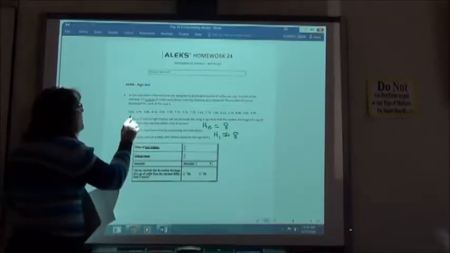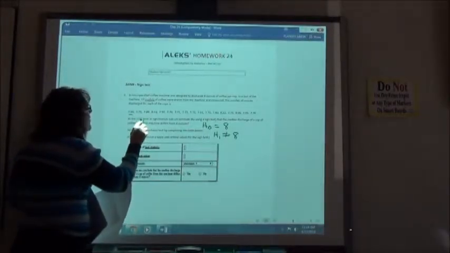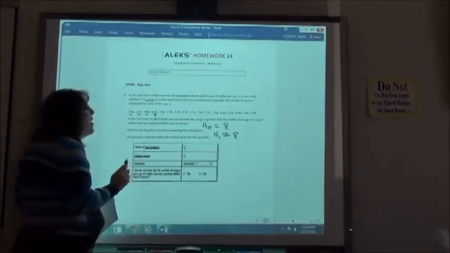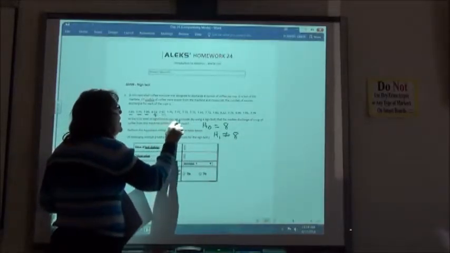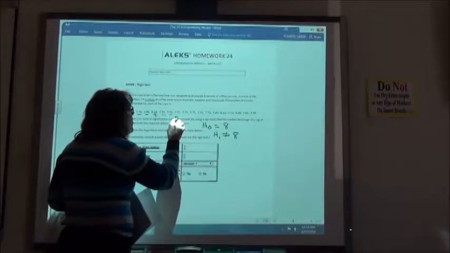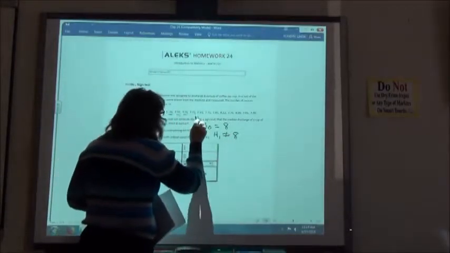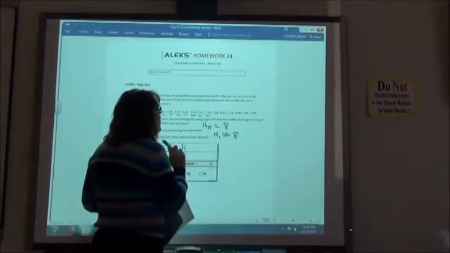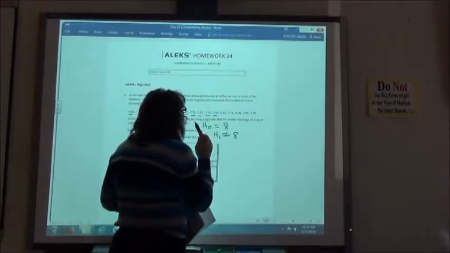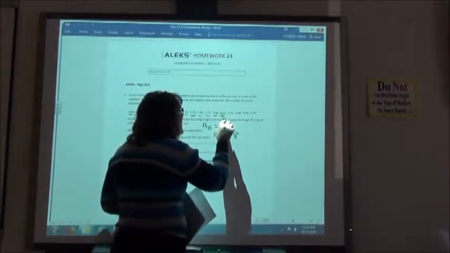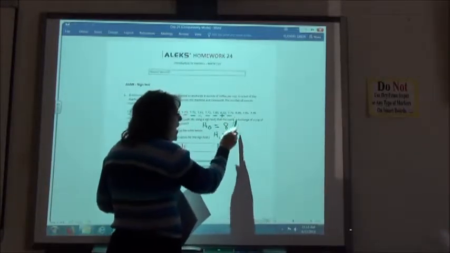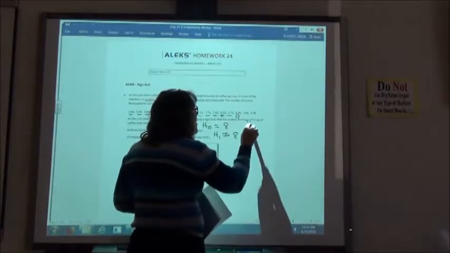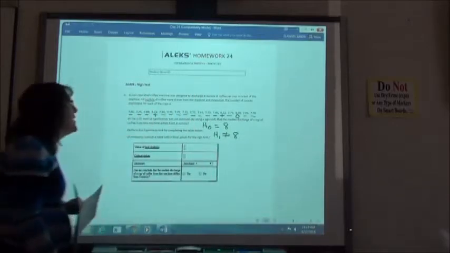So 7.65 will be below, so it's going to be negative. 7.75 will be negative. 7.89 will be negative. 8.24 is above, so it's going to be positive. 7.92 is back to a negative. 7.73 is a negative. 7.72 is a negative. 7.73 is a negative. 7.75 is a negative. 7.93 is negative. 7.73 is negative. 7.80 is negative. 8.22 is a positive. 7.75 is a negative. 8.00 is exactly 8, so I'm going to give it a 0. 7.91 is a negative. 7.70 is a negative.